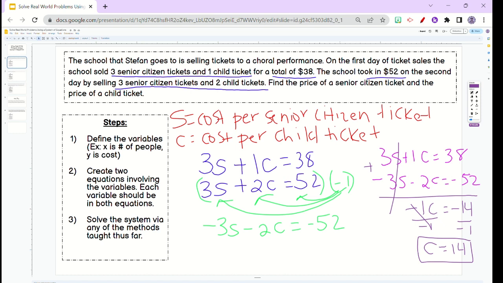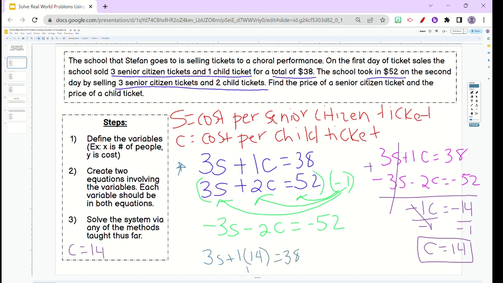All right, so now that you know that each child ticket is 14, now we can solve for the senior citizen tickets. So now you can just pick one equation, which I'm going to pick this one, and just plug in 14 for C. So 3S plus 1 times 14 is equal to 38.